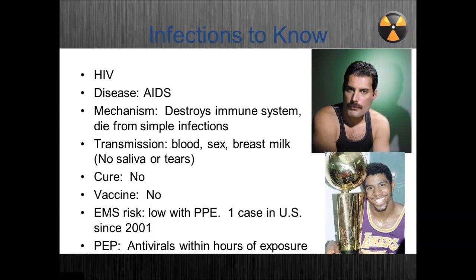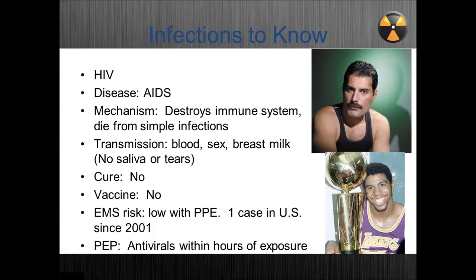We do not have a vaccine, we do not have a cure. We have medicines that try to keep the virus from replicating, and people are living longer, but we do not have a cure. And so the risk is very, very low. If you follow the precautions that I've taught you today, and that you've been taught, since 2001, in 15 years, there's one case in all the EMS in all the United States that's been infected with HIV.